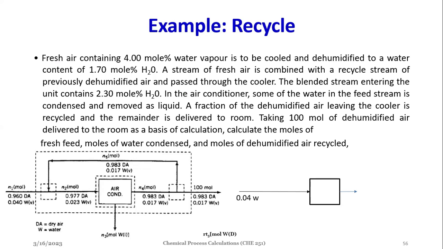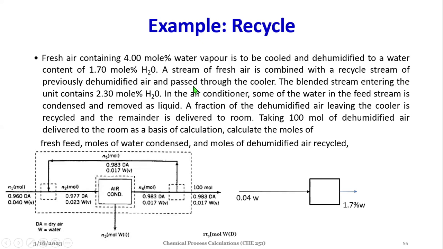So it is dry air plus some amount of water vapor. That's what gives us the humid air. And we know the amount of water vapor in there to be 4 mole percent. So it means that the amount of dry air in there is going to be 96 mole percent. So we have 4 percent for water, and then if we look here, we have 96 for the dry air.